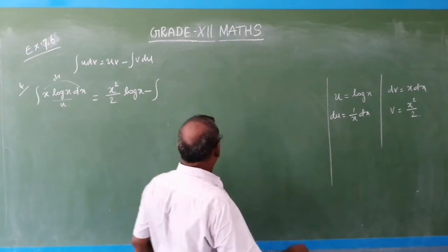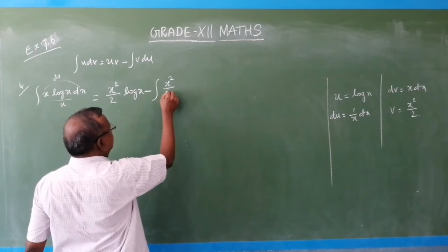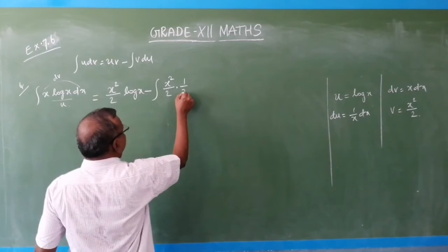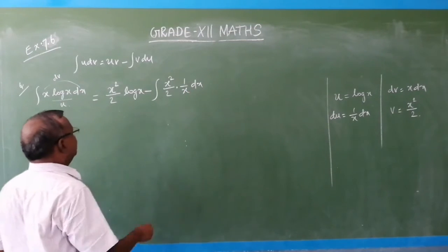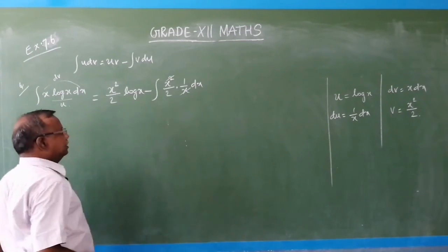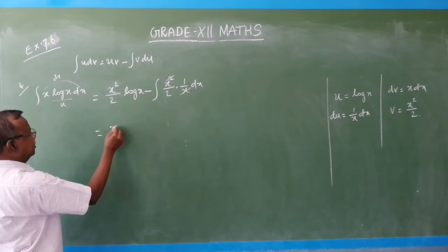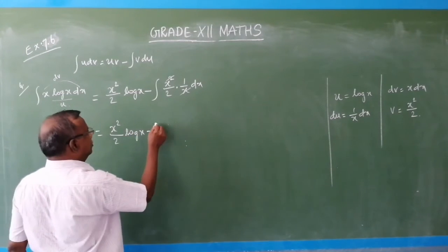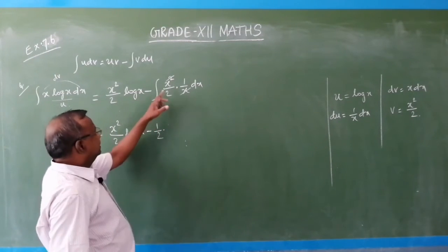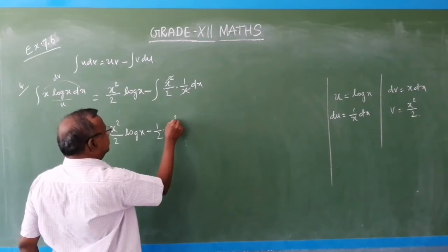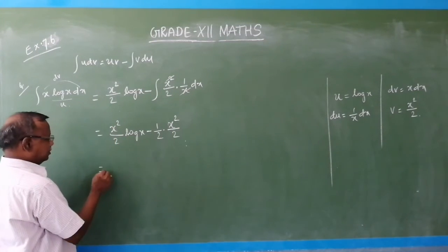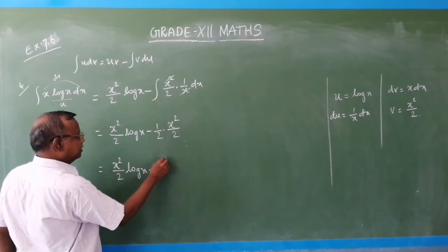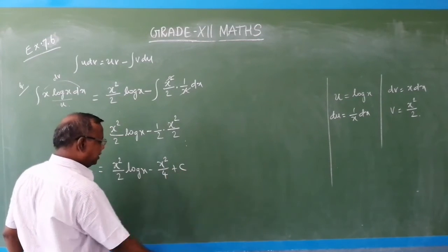V means x square by 2 into 1 by x into dx. So, this x is eliminated, and that is equal to x square by 2 into log x minus 1 by 2 into, integrating x we have x square by 2, that is equal to x square by 2 log x minus x square by 4. So, plus the arbitrary constant c.